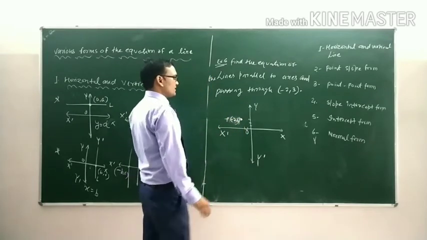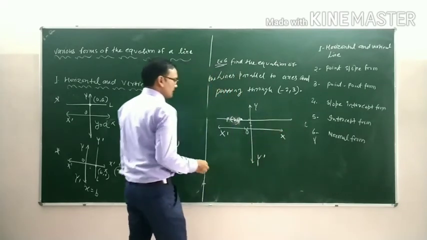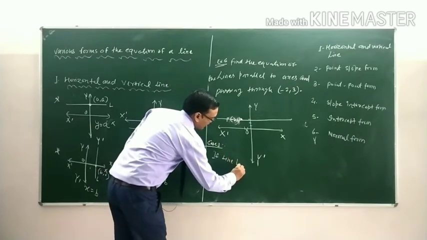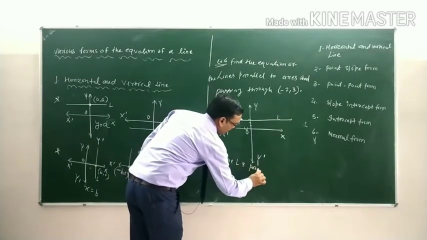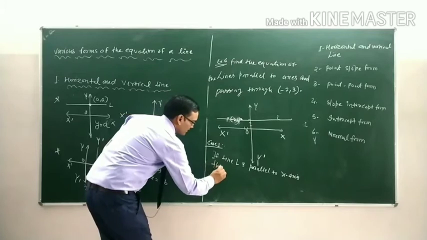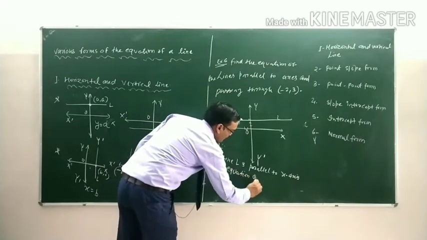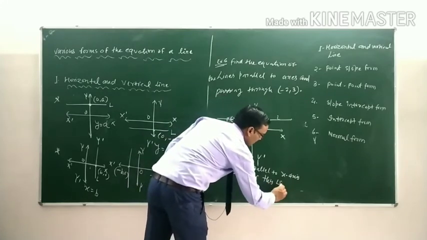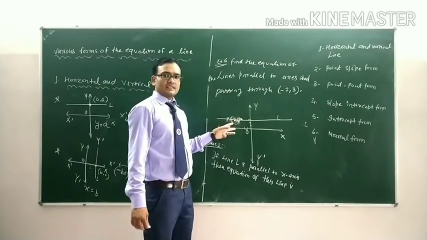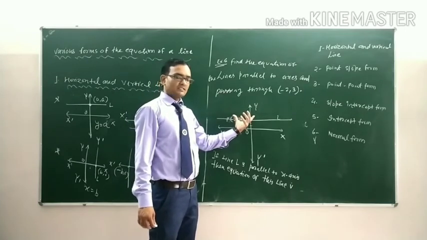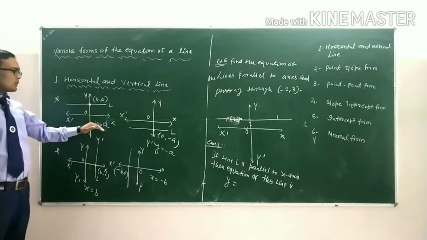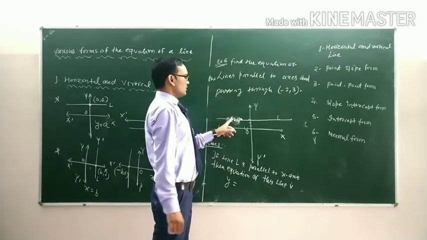First condition, if line L is parallel to the x axis, then the equation of this line is, here if it is parallel to the x axis, that means the line is horizontal, then y equal to a, and here y equal to 3.